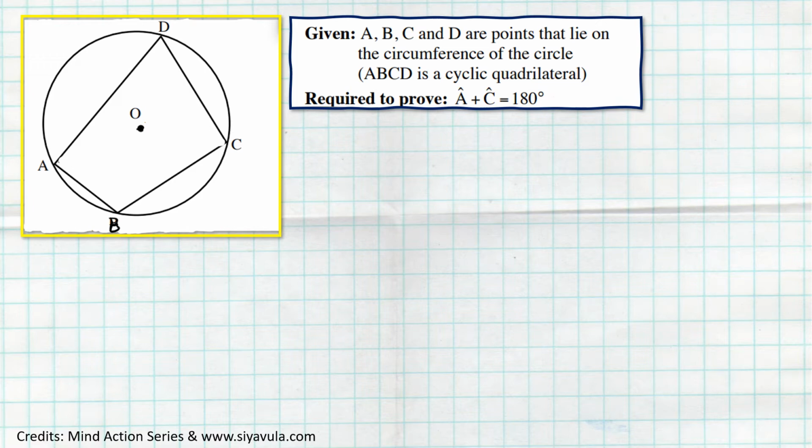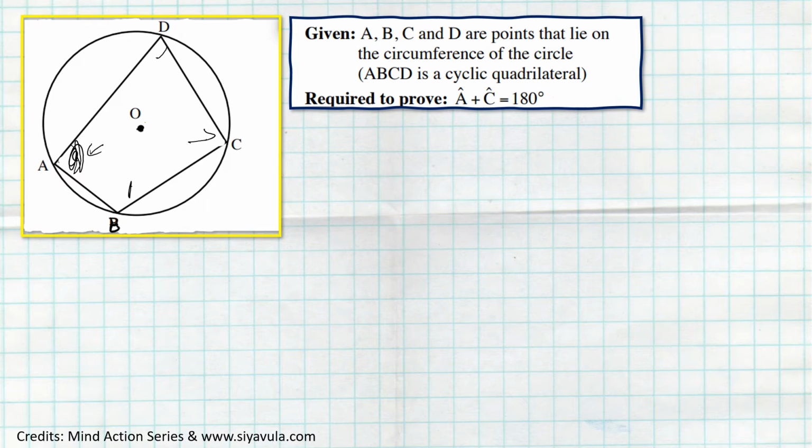So how do we prove it? Because we want to prove that this one and this one add up to 180 degrees, what you do is construct radii that pass through the other angles that you don't want to prove. We don't want to prove anything about D and B, but rather we want to prove that angle A and C is 180 degrees.